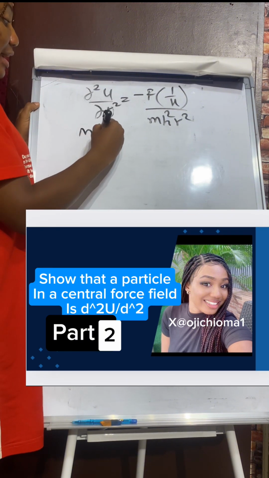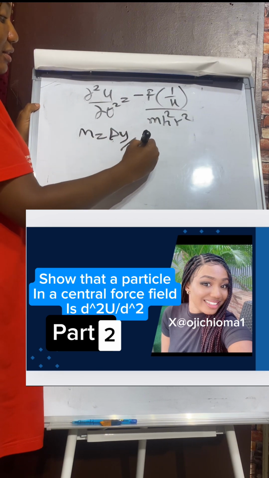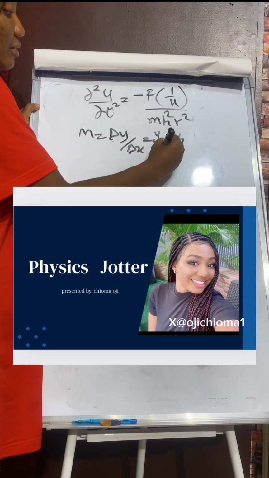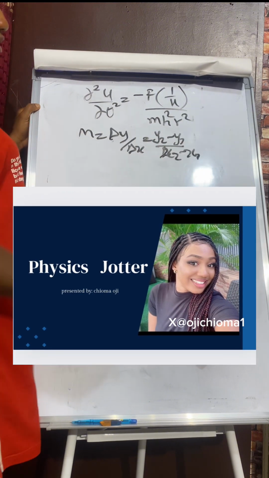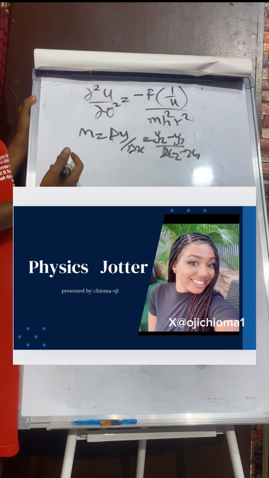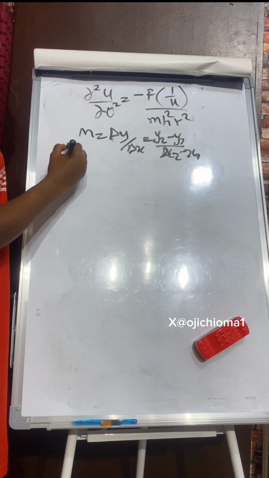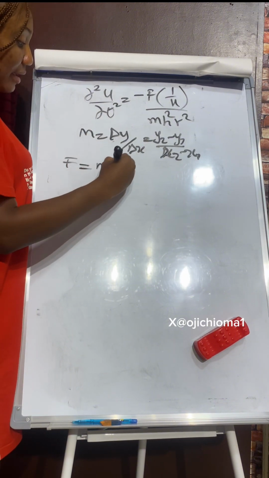You know that gradient m is equal to dy over dx, which is equal to y2 minus y1 over x2 minus x1. That is the change, right? I showed you the limit in the first video. You can check it. Going back to this, remember that in Newton's second law we have F equals ma.